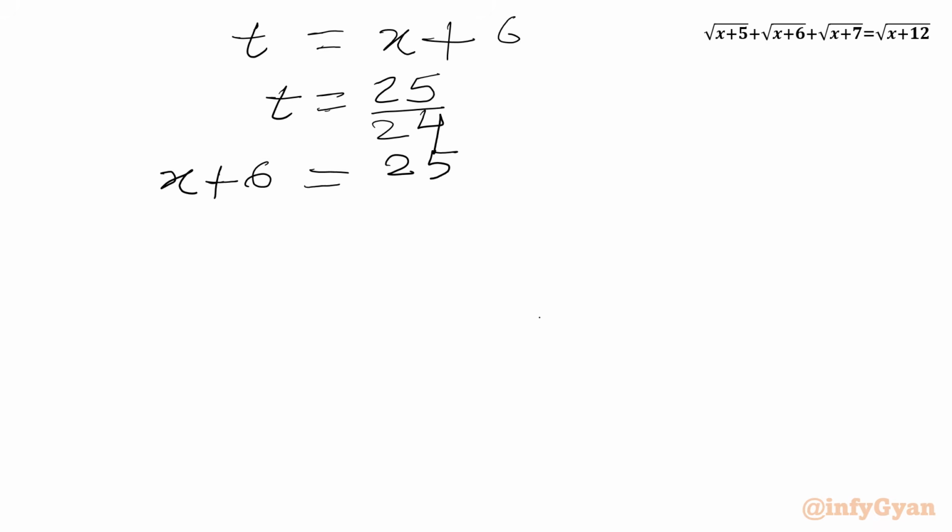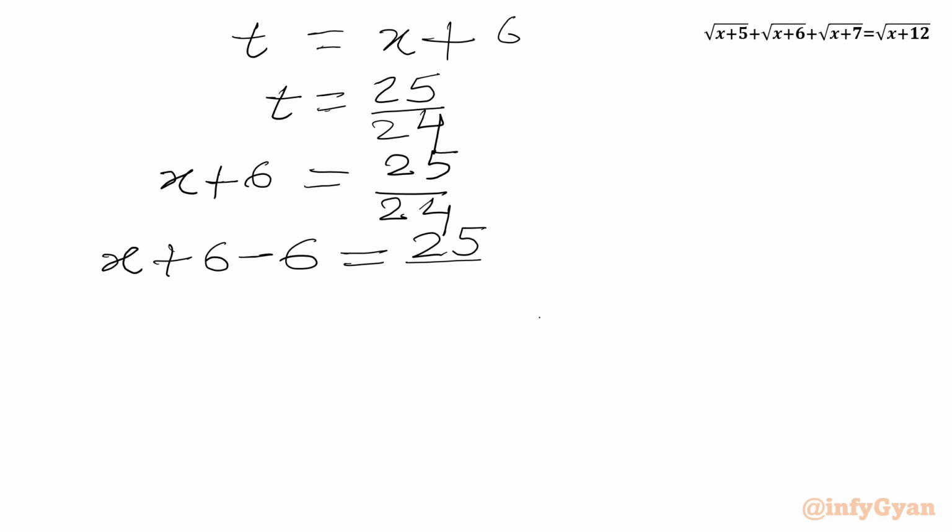RHS is 25 over 24. Now we have to subtract 6 from both the sides. So we'll write plus 6 minus 6, and in RHS we'll write 25 over 24 minus 6. Plus and minus 6 will get over. We are going to get our final real solution, x equal to 25 over 24 minus 6.